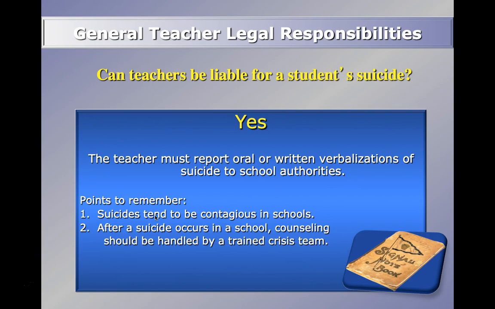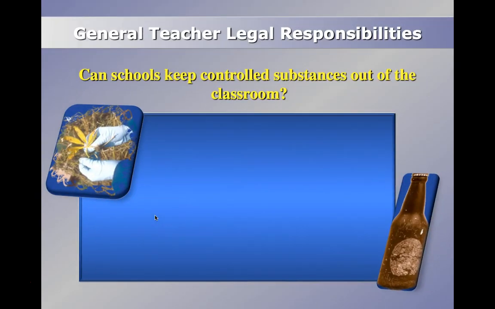But often when suicide does occur, there is a team of counselors that will converge upon the school, and they handle those students very close to those kids, and in a very structured way. So you want to make sure that you watch out for those students that tend to express suicidal thoughts.